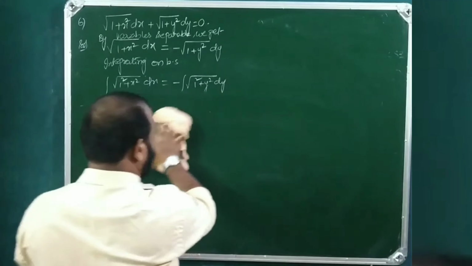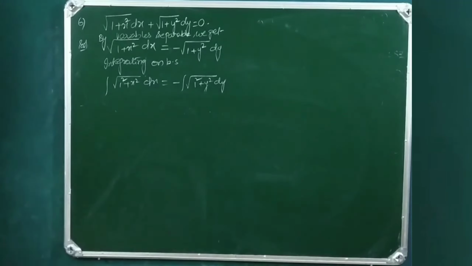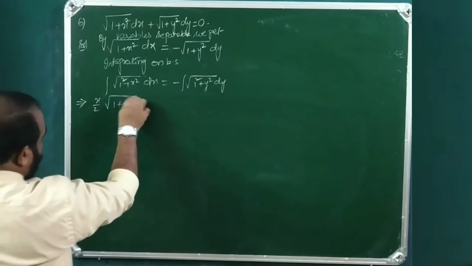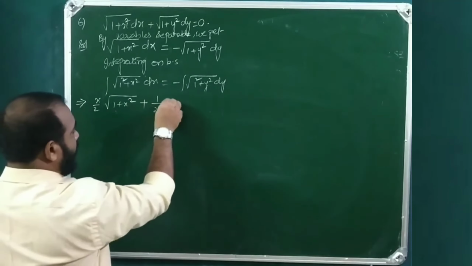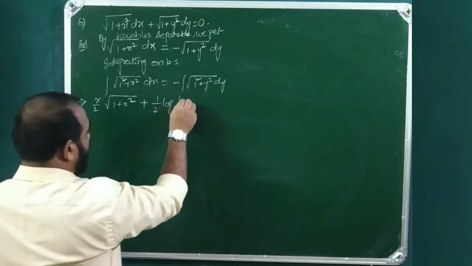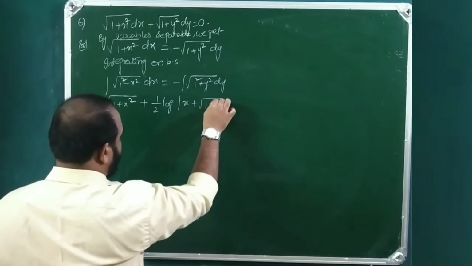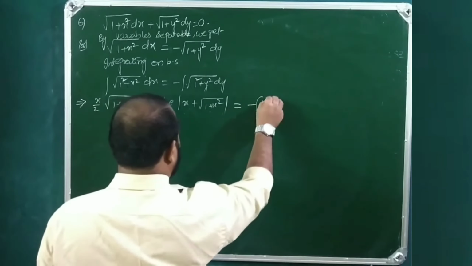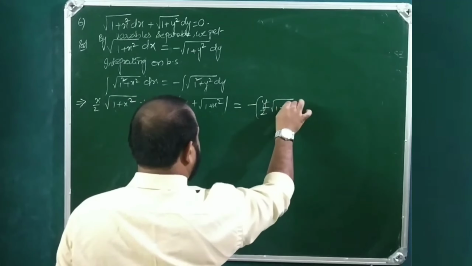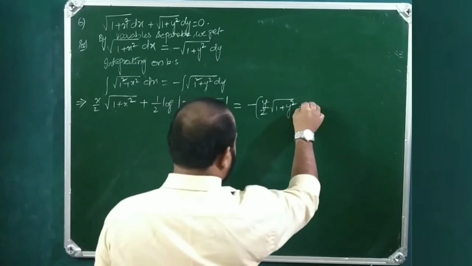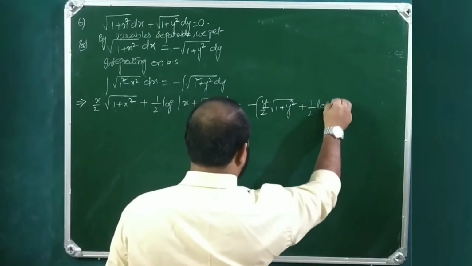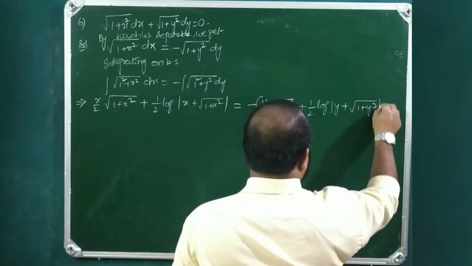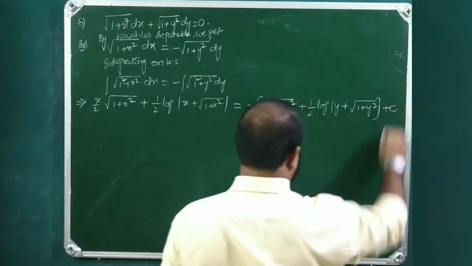So this is x by 2 root of 1 plus x square plus a square by 2, 1 by 2 log x plus square root of 1 plus x square, is equal to minus y by 2 root of 1 plus y square plus a square by 2, 1 square by 2 log y plus square root of 1 plus y square plus constant of integration c.